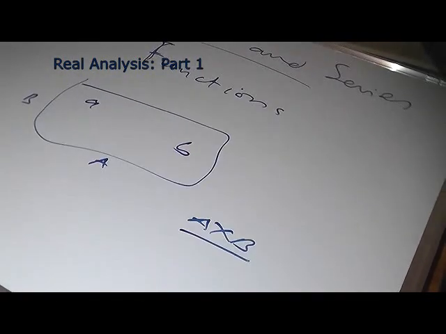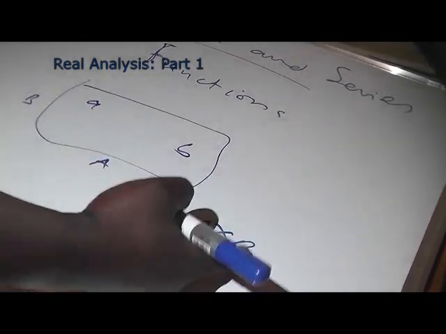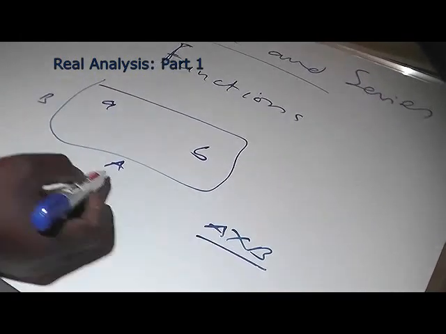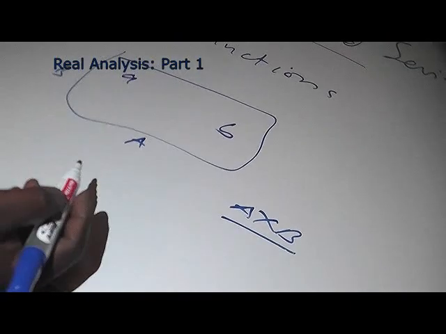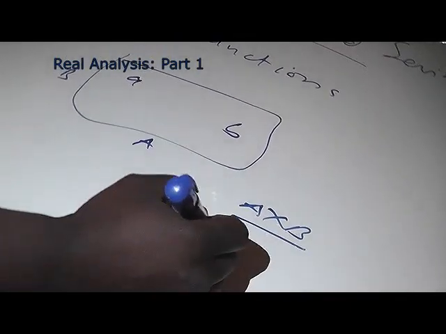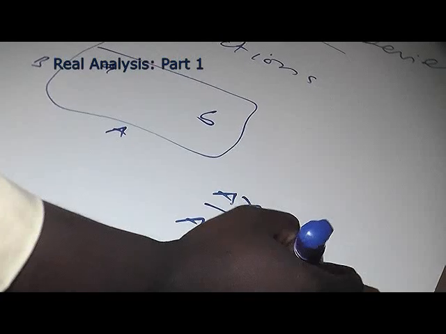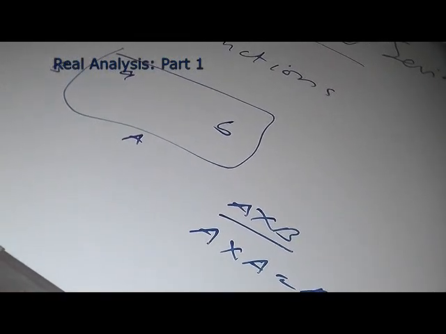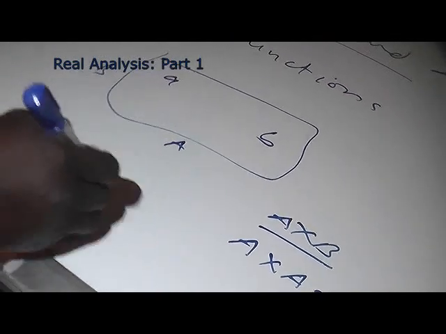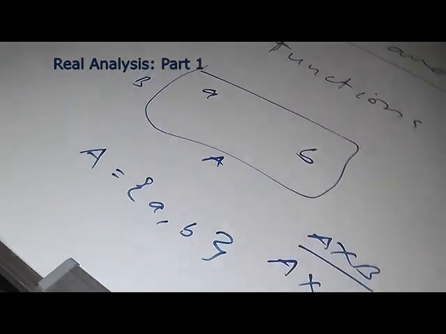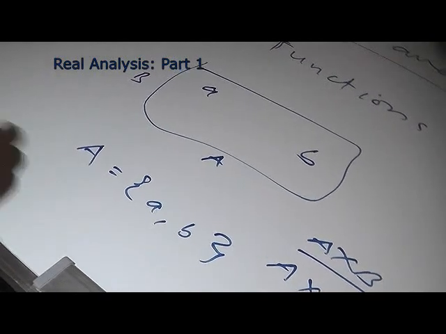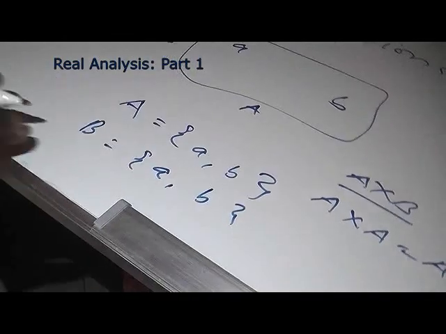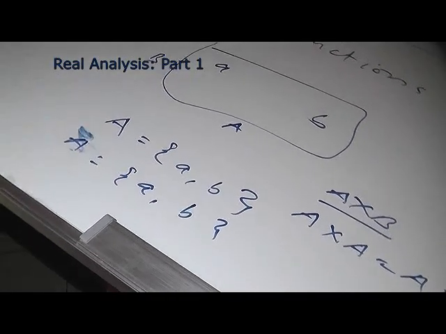This is called the Cartesian product of two sets, say A and B. And this is presumed to be a rectangle, which generalizes the concept of the square A cross A, which is A squared. So for elements of one particular set to be connected, we need another set B that is analogous to A.